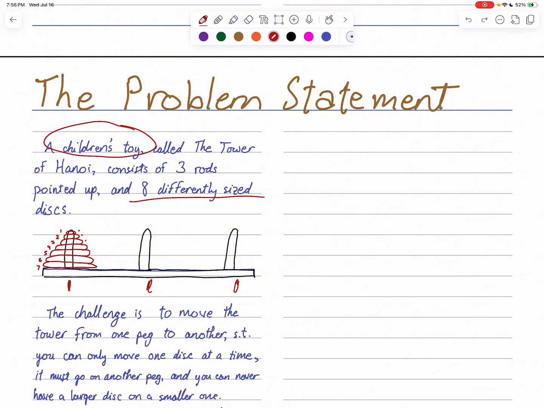You can only move one disc at a time. It has to go to one of the other pegs, and you can never put a bigger disc on top of a smaller disc. Okay, so those are the constraints.